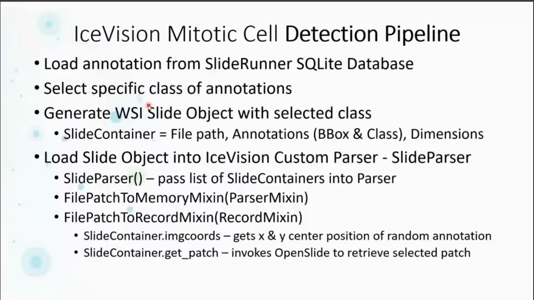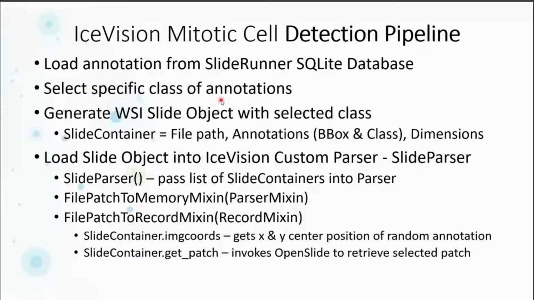So this is what I'm going to cover in the next few minutes: loading annotations from the Slide Runner SQLite database. I'll give you a quick demo of Slide Runner, helpful to understand the types of annotations we're dealing with and why I needed a different data parser to manage that.